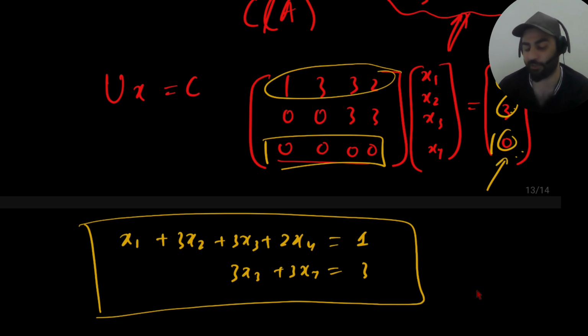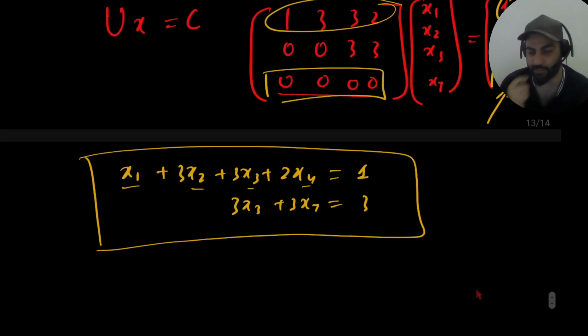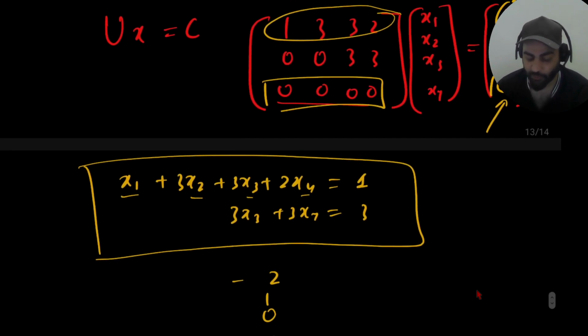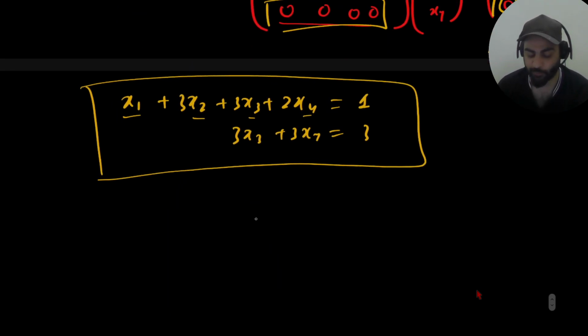For example, (1, 3, 0) is a particular solution that we have, and you can solve it for this. If you find the values of x1, x2, x3 and x4, the solution, let's suppose, is (-2, 0, 1, 0). Again we have to assign free variables and pivot variables. The same concept here. X1 and x3 are pivots.